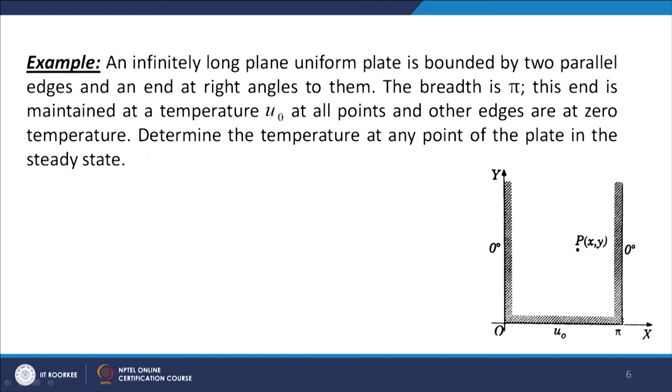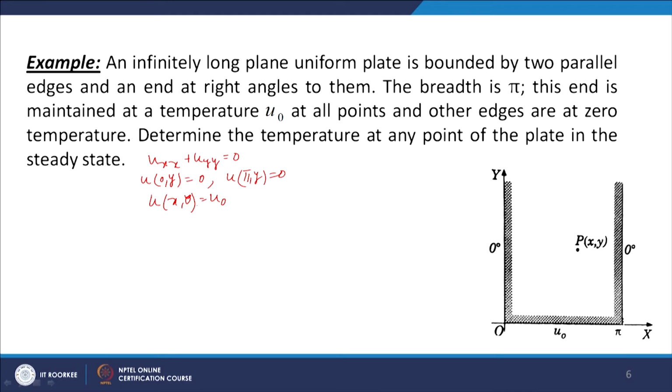So, we have to solve the equation u x x plus u y y equal to 0. The boundary conditions are, on this axis x is equal to 0, so u(0, y) is equal to 0 for all y, and on this axis, x equal to pi, we have u(pi, y) equal to 0 for all y greater than 0, and u(x, 0) is equal to u naught.